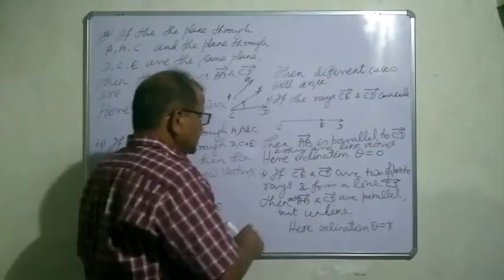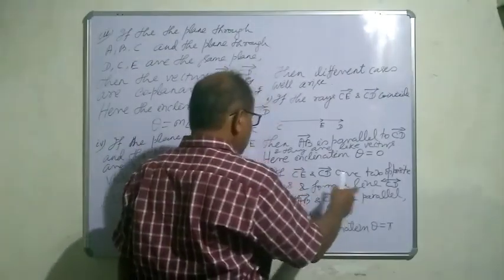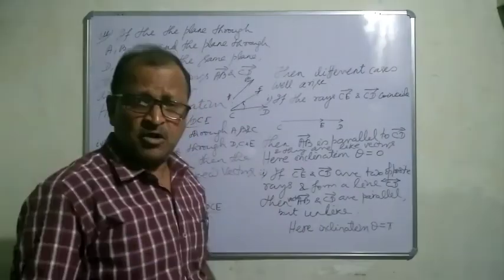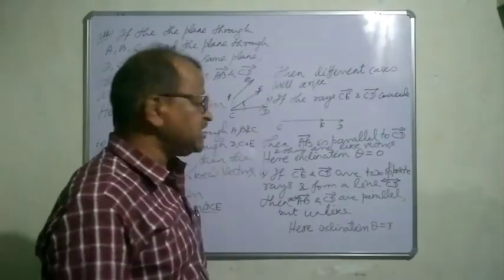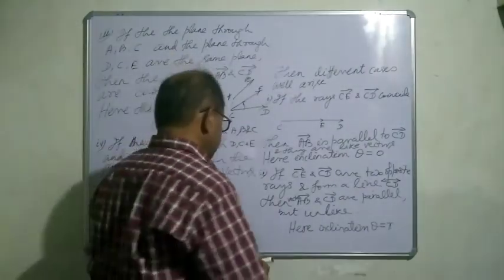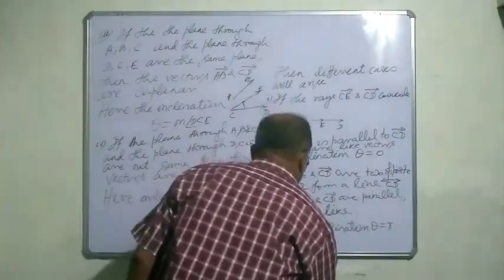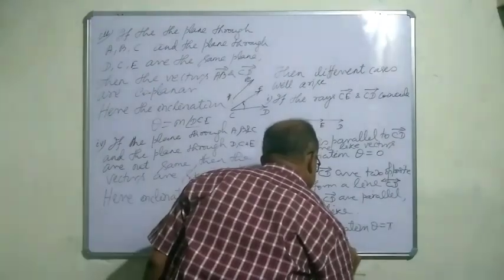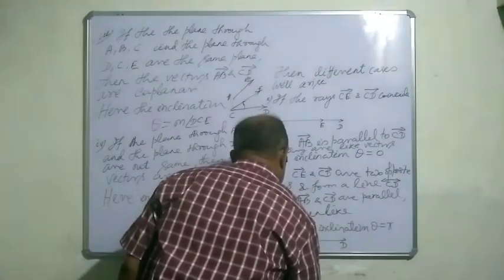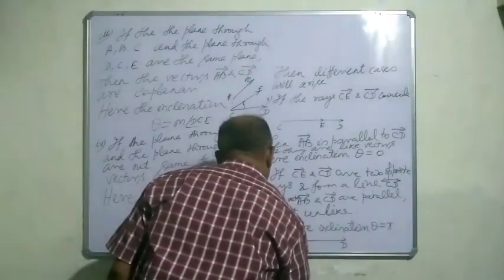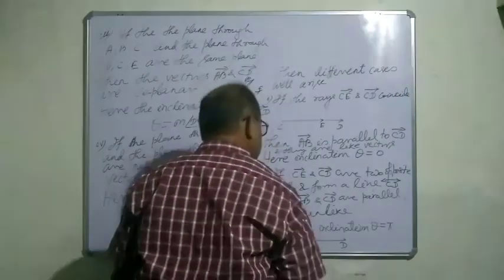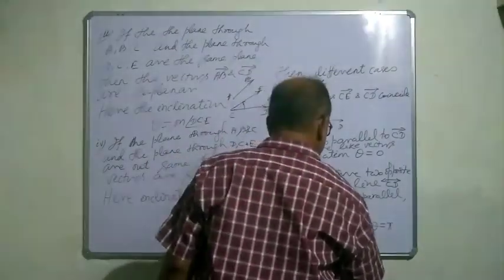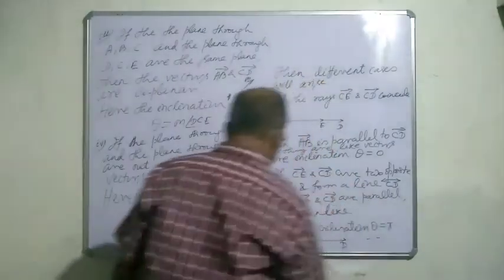And when CE and CD are two opposite rays, like this, they will form a straight line.